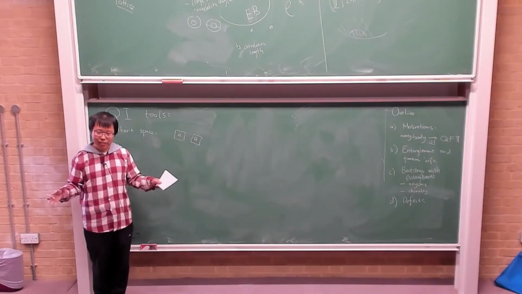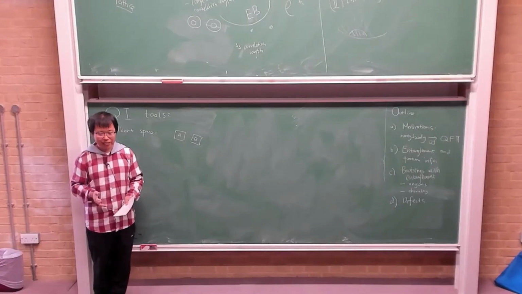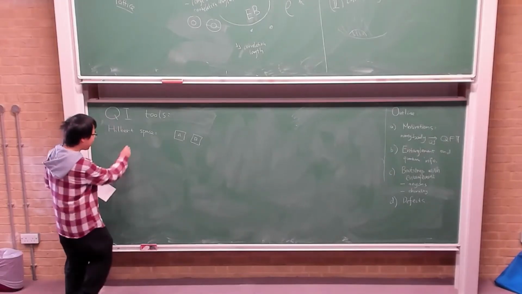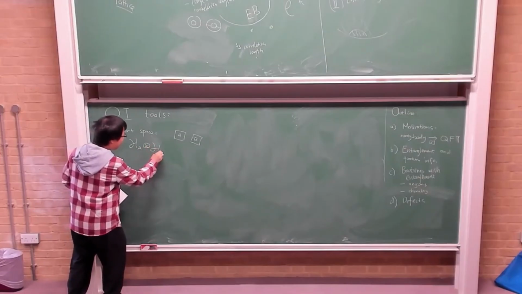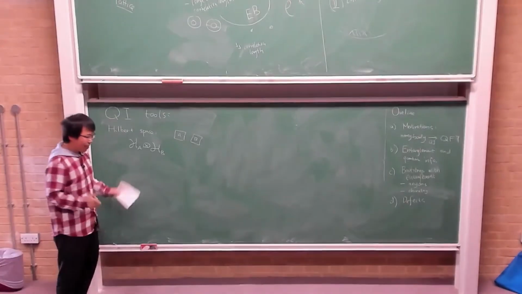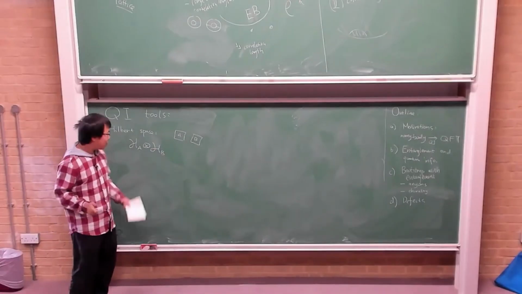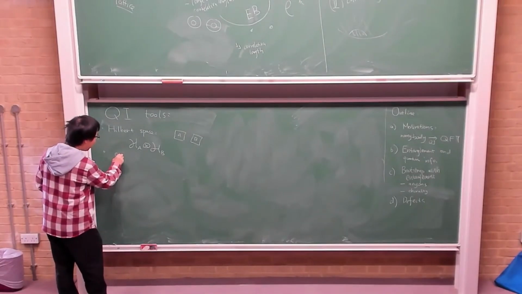It is not exactly true for fermions, but with a little bit of modification, we can do that. But let me stick to the simplest setup, where you have a Hilbert space that's a tensor product of finite dimensional Hilbert spaces. You can have more, a tensor product of more things. But let me start with a qubit, a quantum bit.